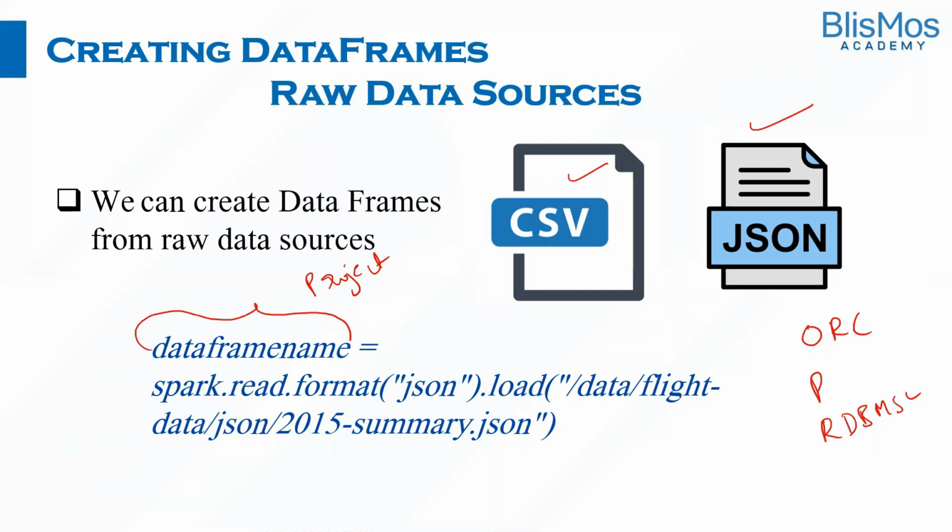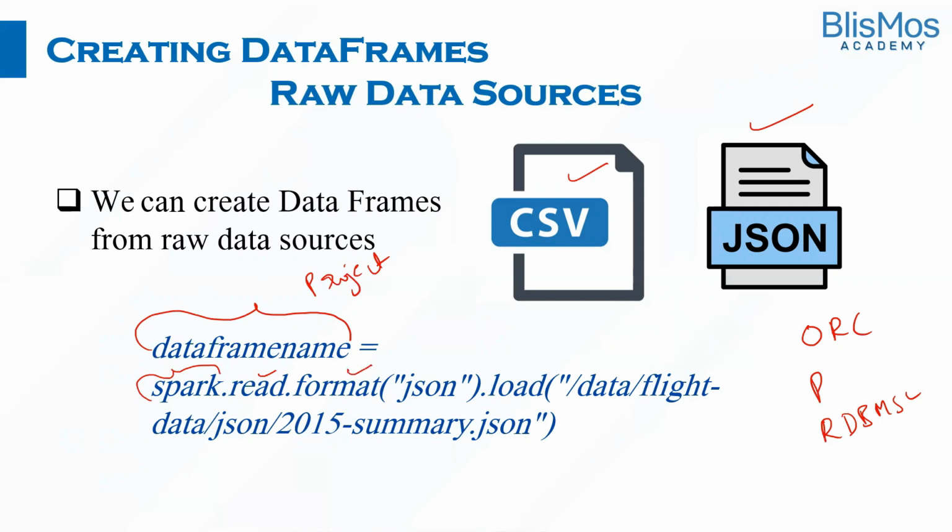Next thing is, as we know, before we really work on any of the things, we need to go through a Spark session. So then we need to use a read. We'll be seeing what is the read function as a part of the upcoming lectures. But as of now, just understand that in order to create a data frame, we need to use a Spark session, read, and also we need to specify the format. And there are multiple options.